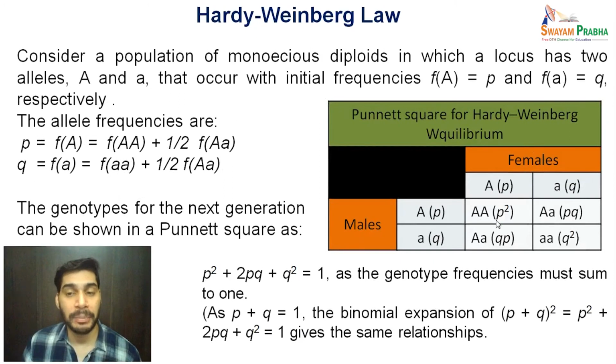So there can be p square, which represents the frequency of dominant homozygotes, q square for recessive homozygotes, and pq plus pq, that is 2pq, for heterozygotes. And the sum of all will be 1, as the genotypic frequencies sum comes out to be 1. This is just like p plus q equals 1. The binomial expansion of (p plus q) square is p square plus 2pq plus q square, which is equal to 1, giving the same relationship.